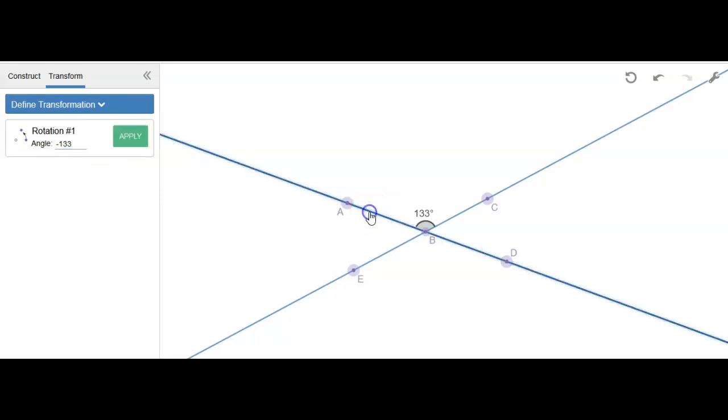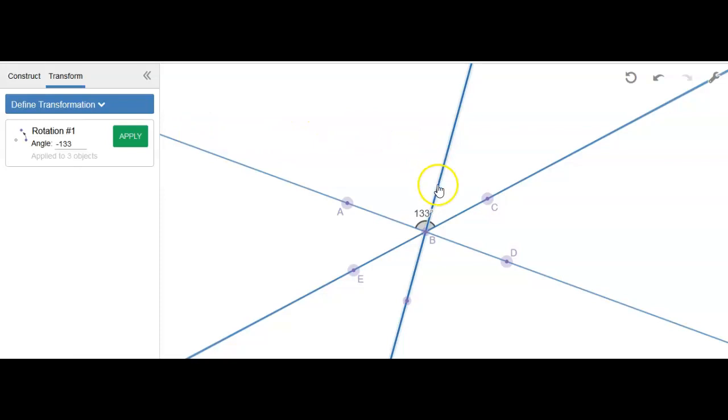So if we rotate this negative 133 degrees, and then rotate this one negative 133 degrees, you can see that's not actually going to land right on top of each other, and so that would not be a true statement.